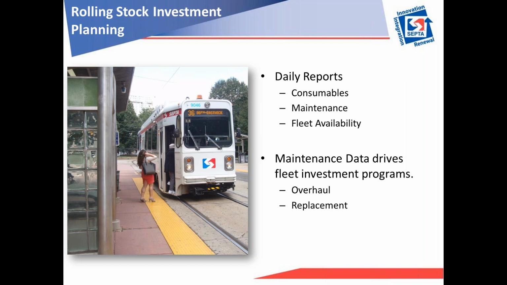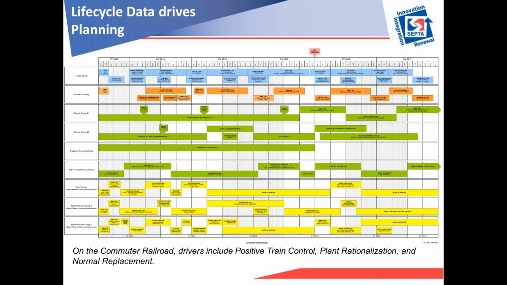Depending on the vehicle, we do a midlife overhaul. On the rail side of the house, we do overhauls every 4 to 6 years on each of the fleet throughout their useful life. And we use the data from the maintenance management system to develop what will be the VOH program and to also figure out what we want to do with the vehicles when we replace them.